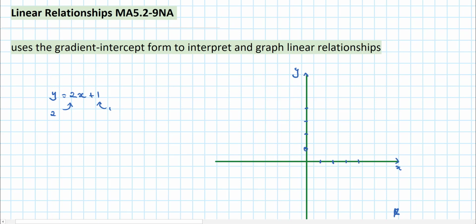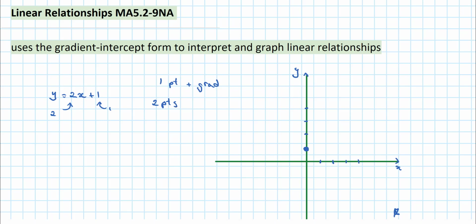So it's going to cut the axis at 1, and we know that to sketch a straight line we either need 1 point and gradient, or we need 2 points.